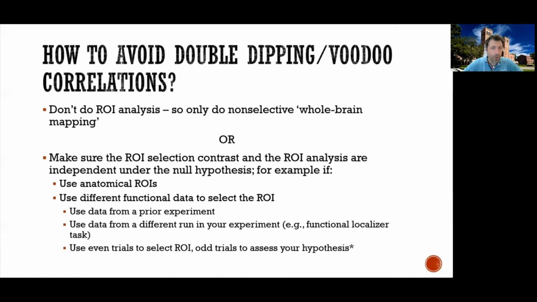However, I should warn you, and that's why there's an asterisk, you might want to be careful if that's what you're planning to do, just because who knows, there might be ways in which nearby trials could still contaminate each other and leak information into the selection process. But again, the key message is that you have to ensure that you can make a rational case when you write the paper that the way in which you selected the ROI is independent of the ROI analysis.